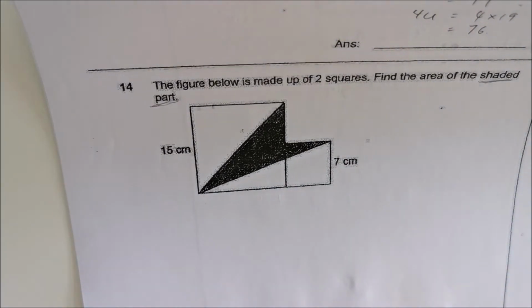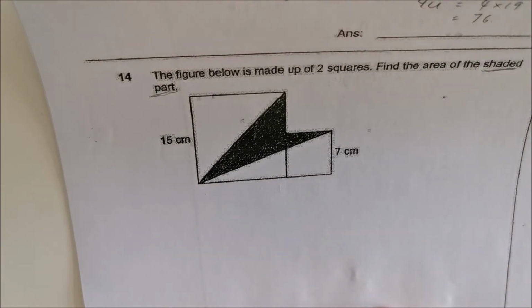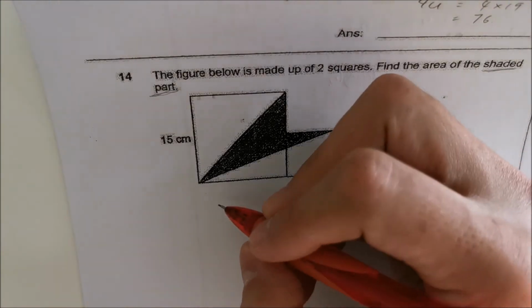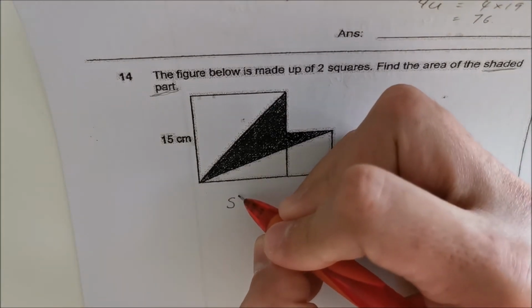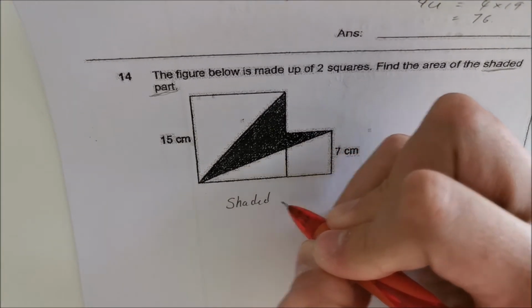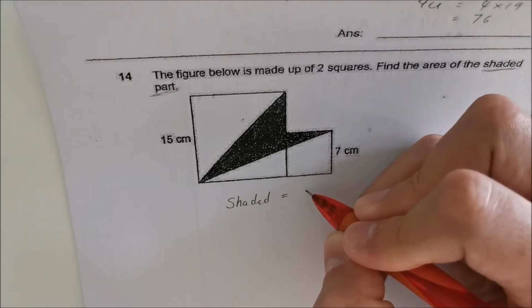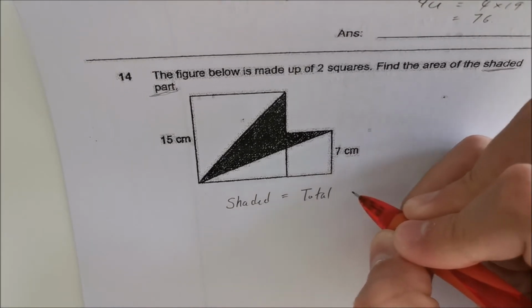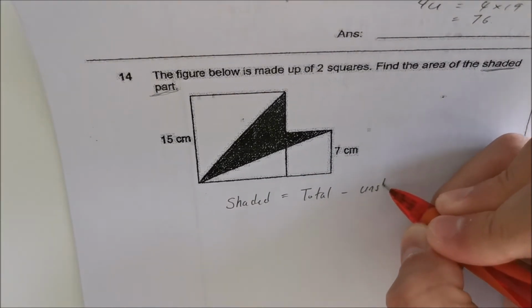But we can actually go around the question to get the answer. Instead of finding the shaded part directly, we can also find the total area and minus the unshaded part.